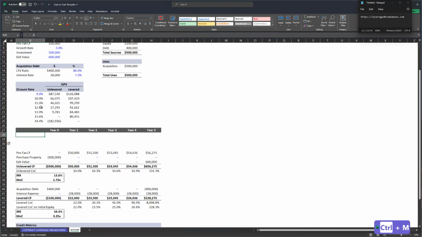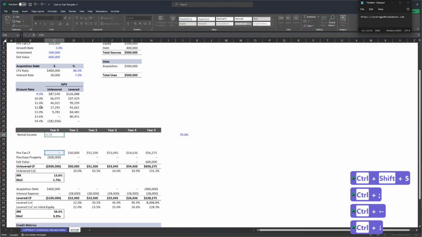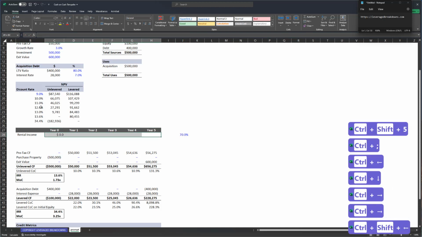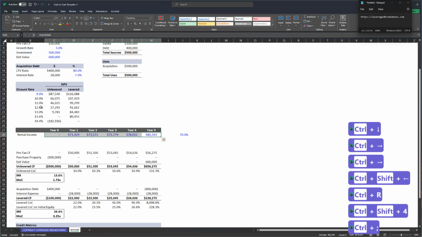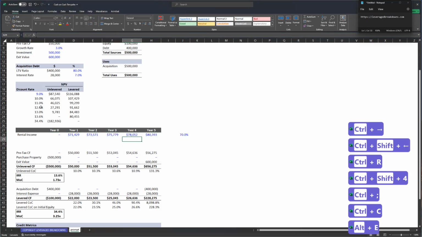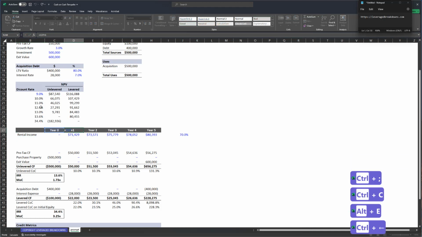Let's say that your rental income is going to change. So starting with rental income, let's assume a 70% NOI margin just to back into the dummy figure. So that divided by that, we take this, hard code it, take this, grow that.